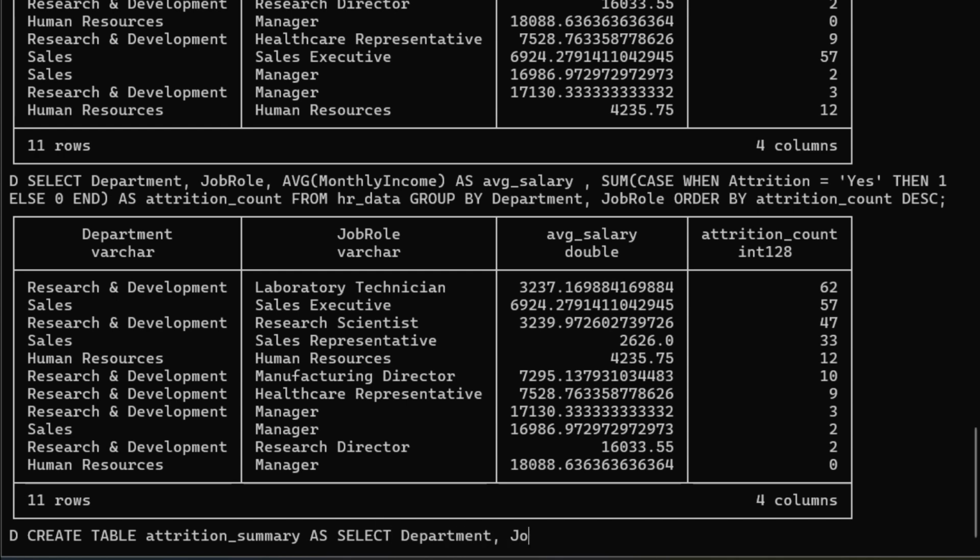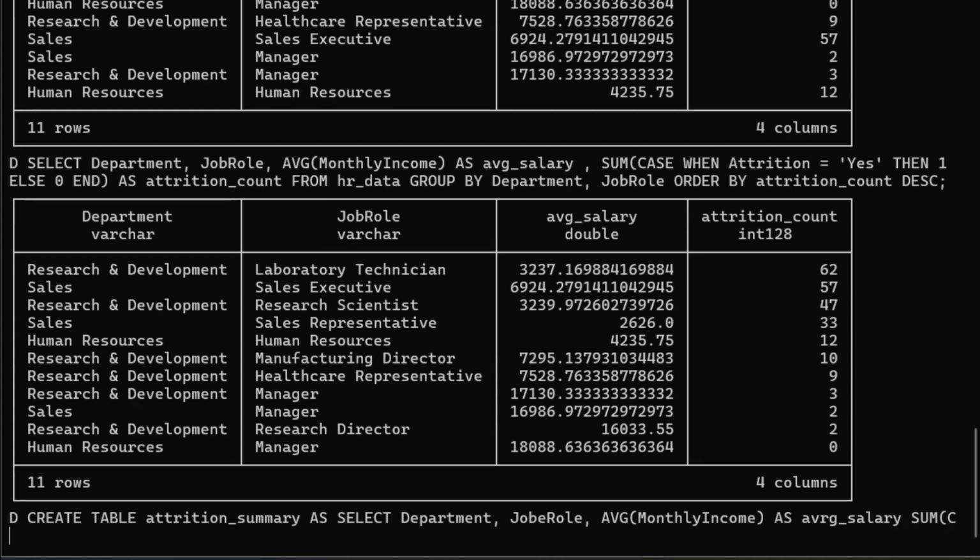and from where we are taking it, we are going to select department, the job role. We don't want every column, so we are selecting it particularly. And the average monthly salary. That's we are using the monthly income column. And we name it as average salary.